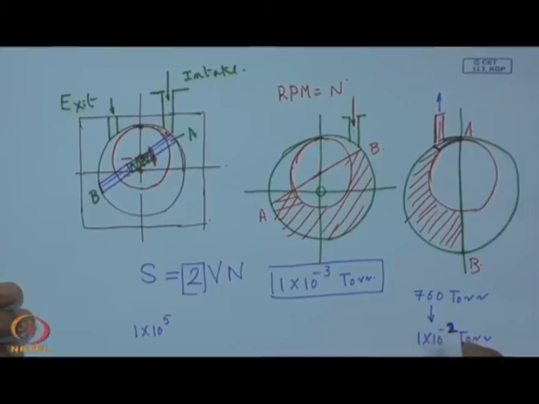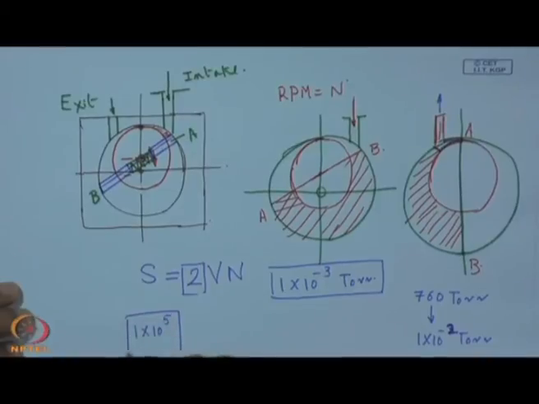If we like to have a pressure of 1 into 10 to the power minus 2, then rounding this off to 1000 we must have a compression ratio of 1 into 10 to the power 5.